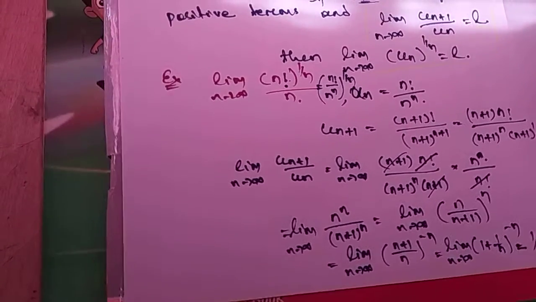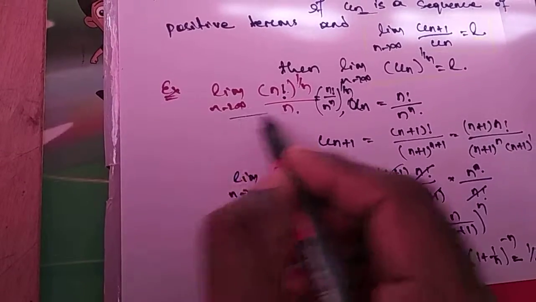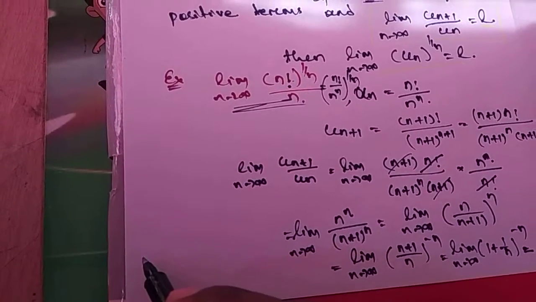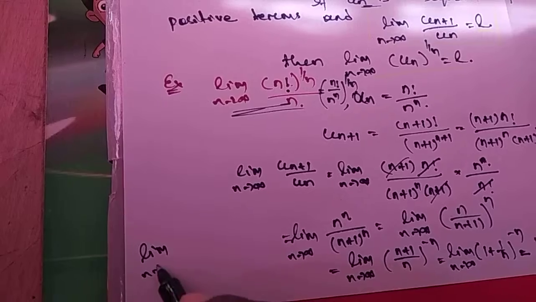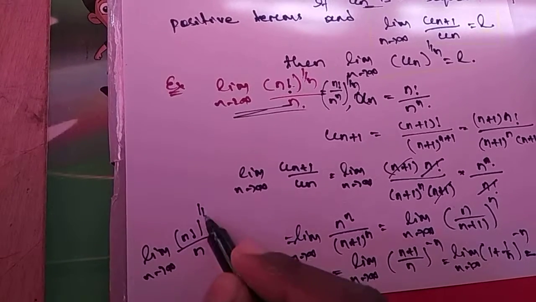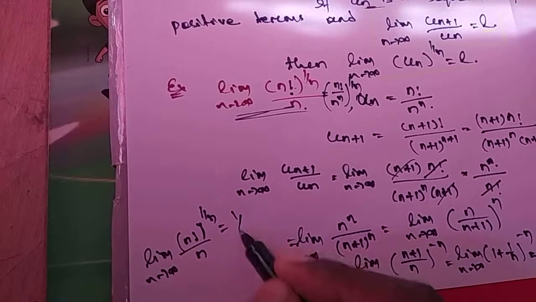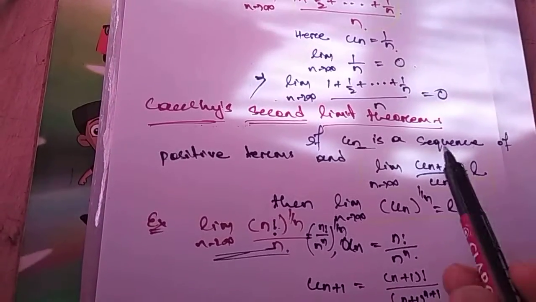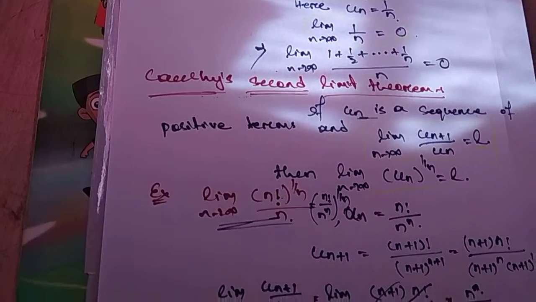Okay, so what would be our limit? This limit, limit n tends to infinity (n factorial) to the power 1 by n divided by n, also becomes 1 by e according to Cauchy's second limit theorem.